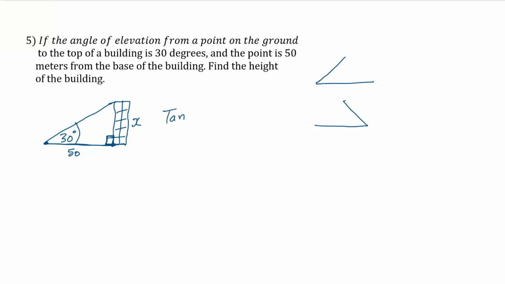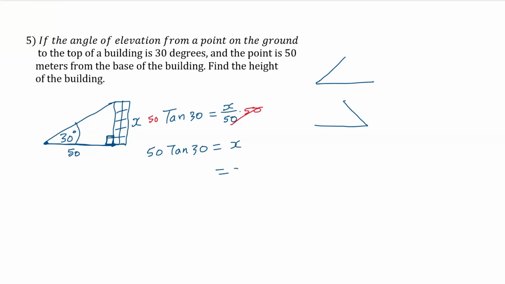So we're going to use tangent of the angle is equal to the side opposite the angle over the side adjacent to the angle. So all we have to do is multiply by 50 again and cancel here. And so what we get is 50 times tangent 30 is equal to x.